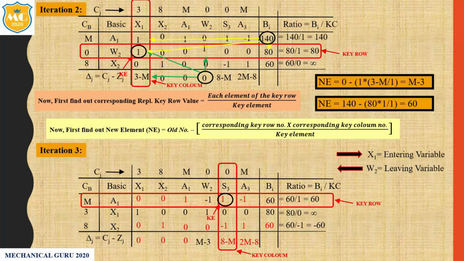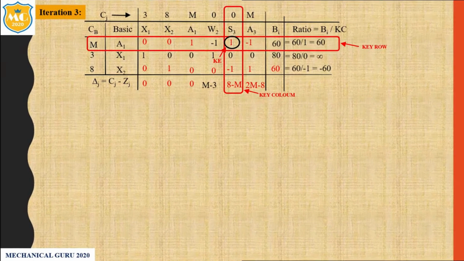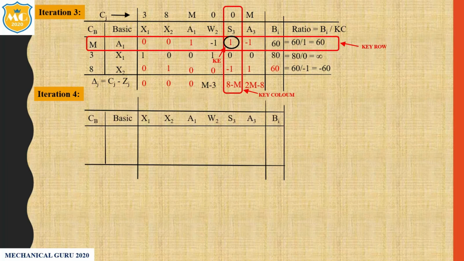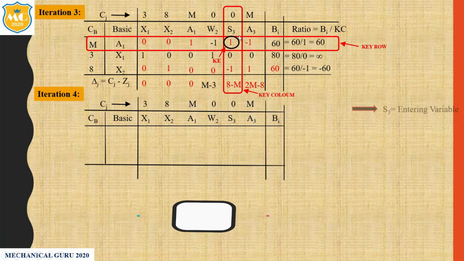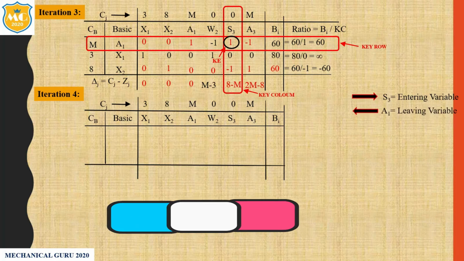Now we will go to the next iteration, that is iteration 4. So here S3 is the entering variable and A1 is the leaving variable.